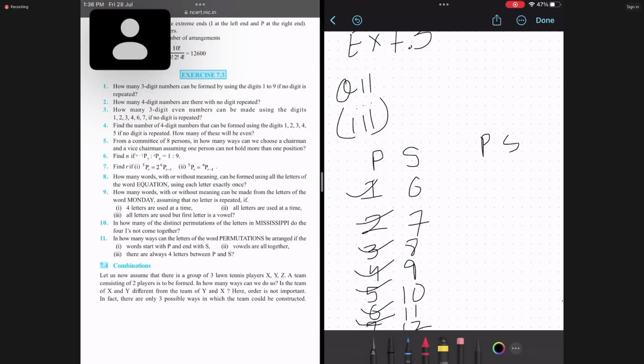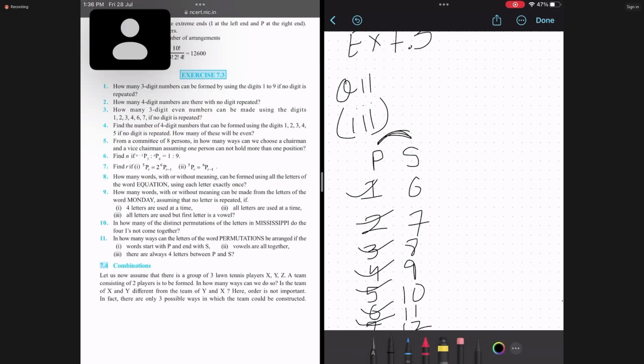But you could also swap the positions of P and S, right? So 7 into 2 would be the number that you would get for you to fill in the places in permutations with P and S, right? So there are 14 number of ways to fill in P and S with keeping in mind this particular condition, and there are 10 letters left. All that is required now is to permute these 10 letters and multiply the answer by 14, and you'll get the final answer.